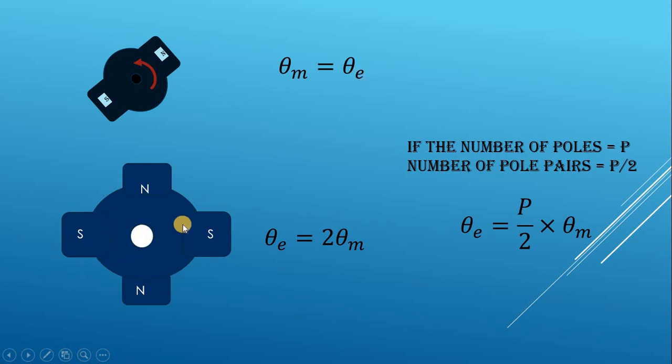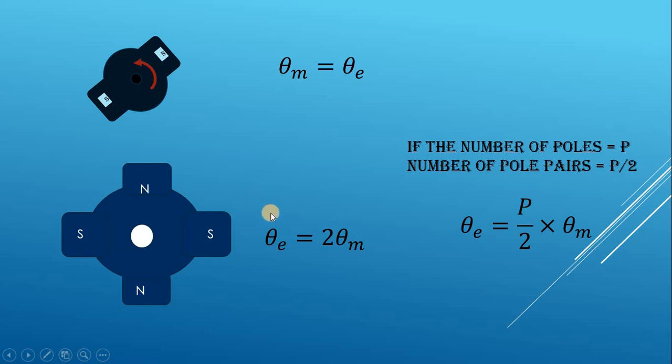In the second case, there are 2 north poles and 2 south poles in the rotor. It is a 4-pole machine. When the rotor completes 360-degree rotation, the coil comes under the influence of 2 pairs of poles, so 2 full cycles of AC are generated.